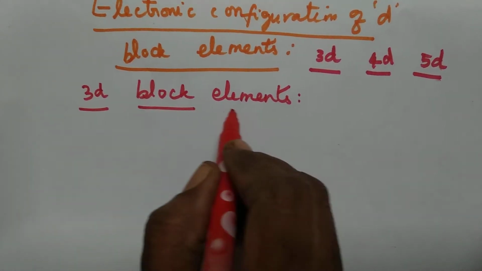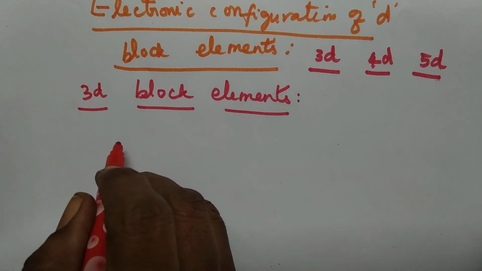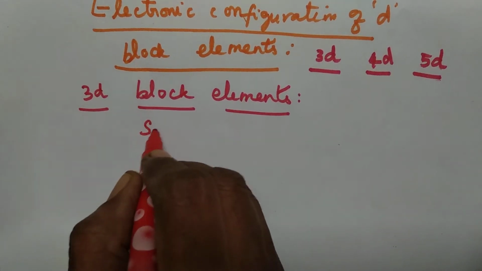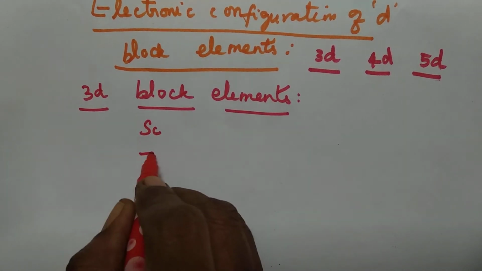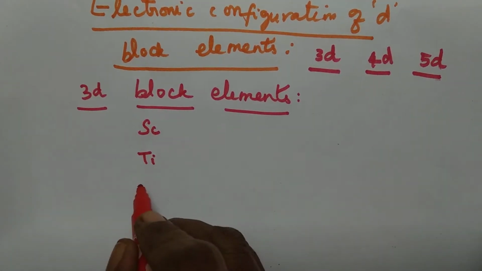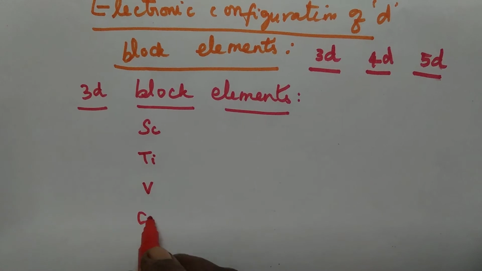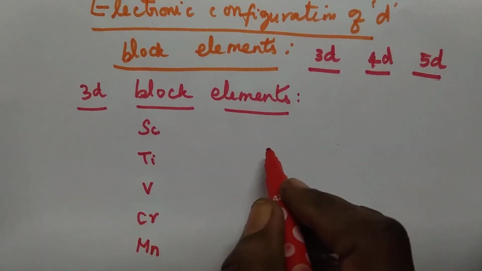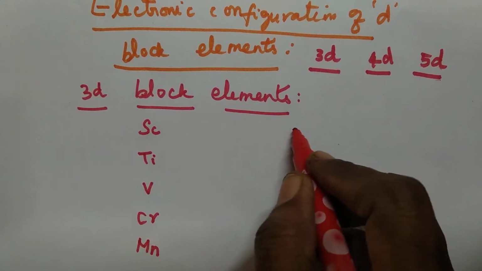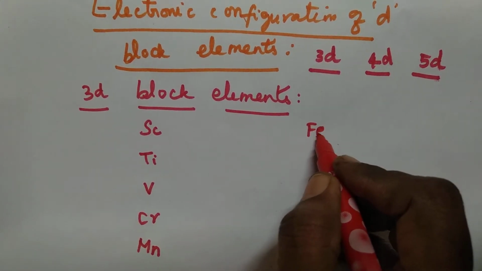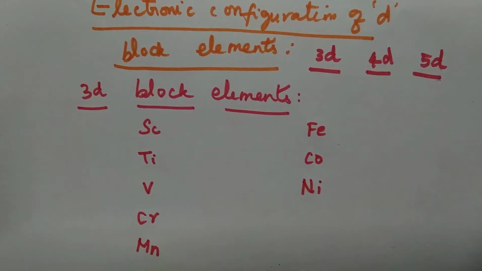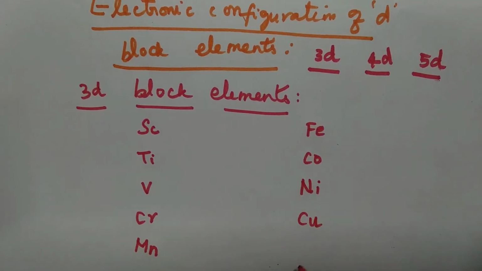First, let us write down what the 3d block elements are, one after the other. The first one is scandium, the second one is titanium, then vanadium, chromium, manganese, iron, cobalt, nickel, copper and zinc.